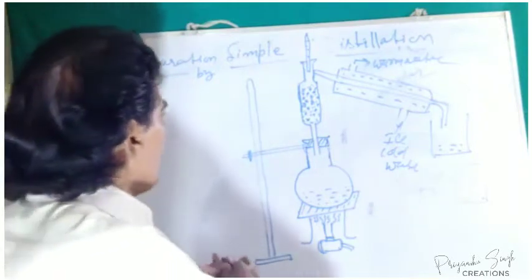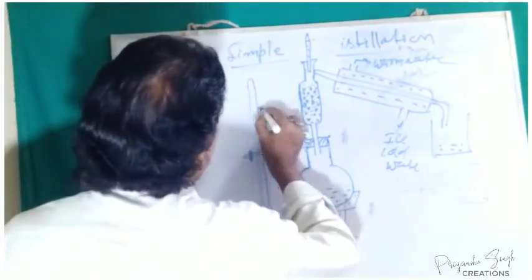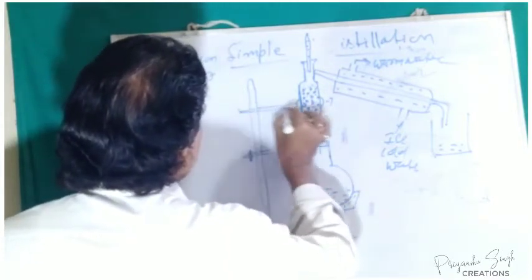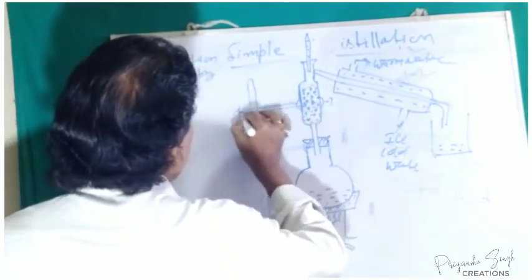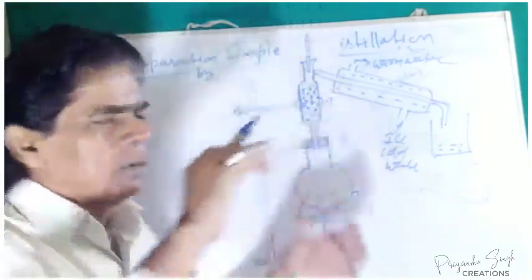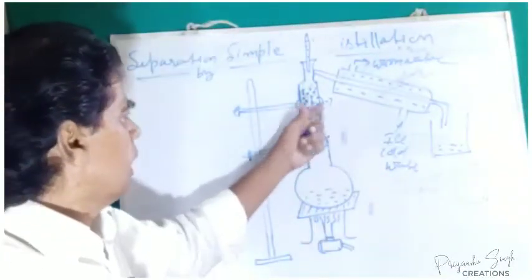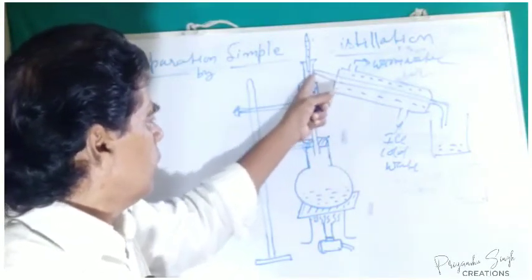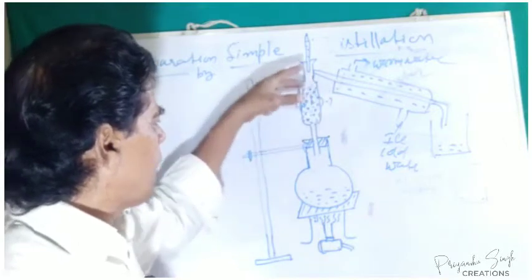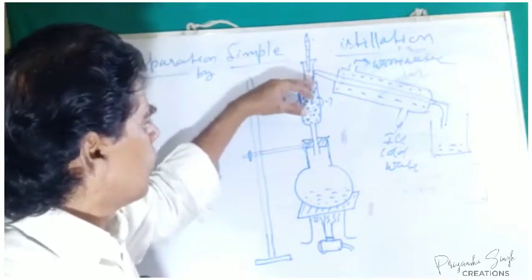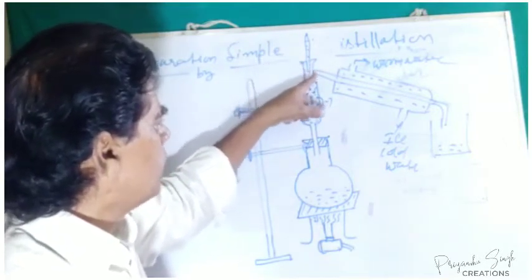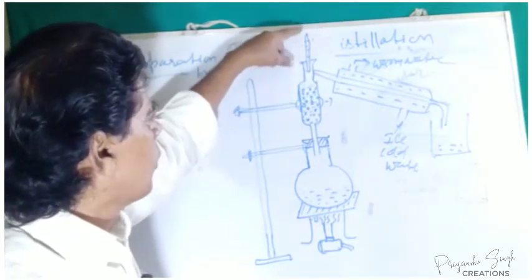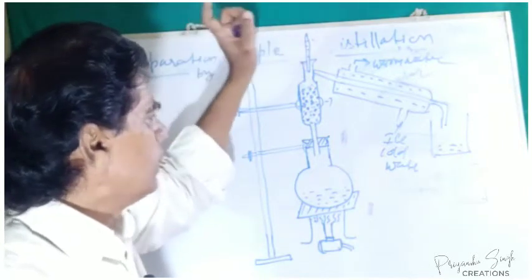This fractionating column is also fixed with the stand clamp as before, so that it wouldn't get tilted or damaged. Now, the neck of the fractionating column is also provided with a delivery tube, and in the mouth of this fractionating column the thermometer is provided.